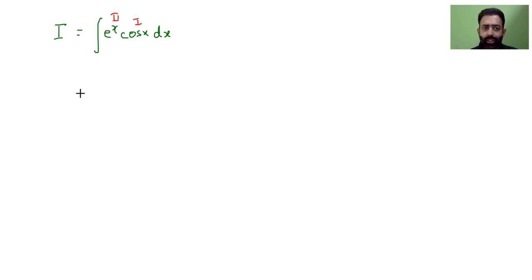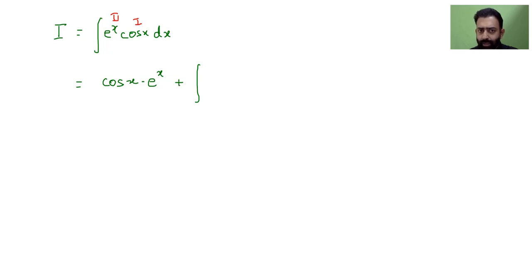Now solution for this is first function as it is, which is cos x, multiplied by integral of second function, which is e raised to power x. So it will be e raised to power x, minus integral of derivative of first function. So derivative of cos x is minus sine x. So this minus and minus will become plus.